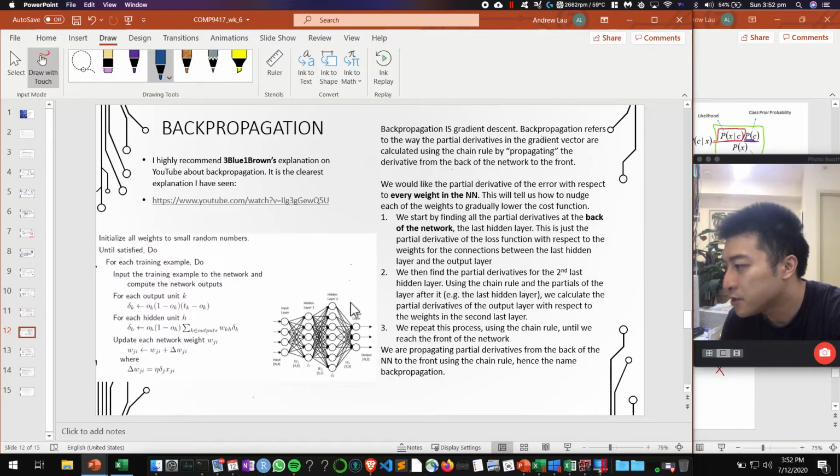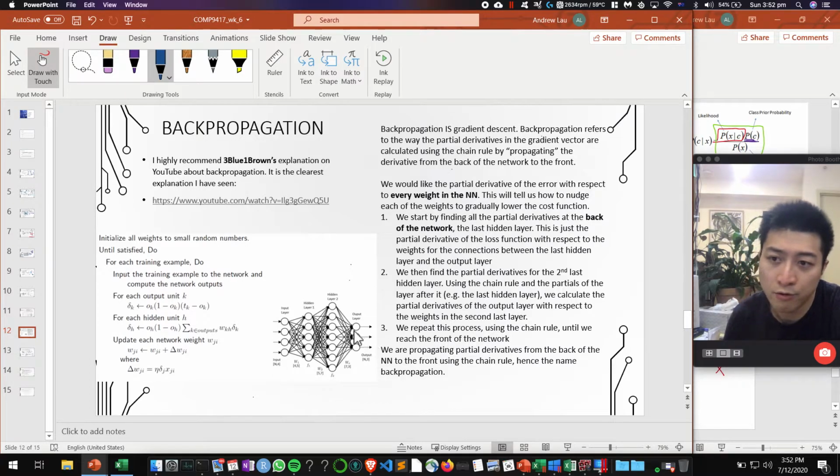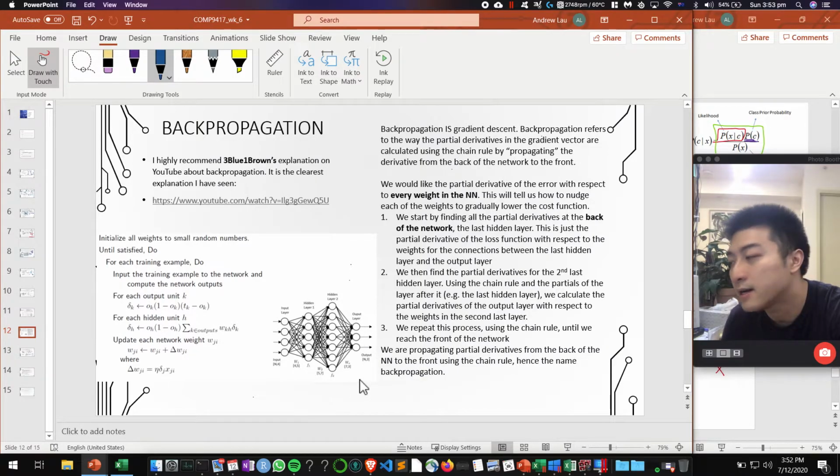So this is your neural network. In your typical gradient descent learning problem, we want to work out what bumps and nudges we need to apply to all these weights in order to minimize the cost function, the difference between the predictions and the outputs. So we need some way to work out all the gradients.